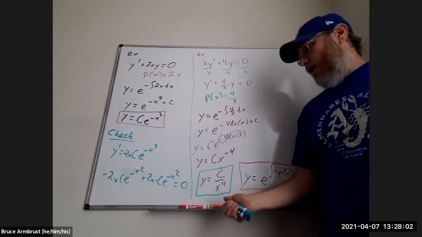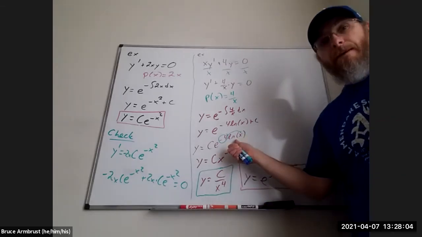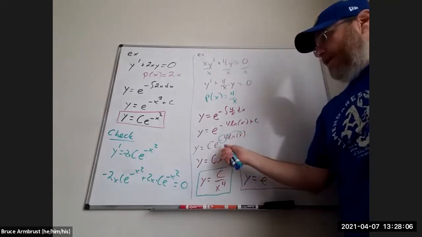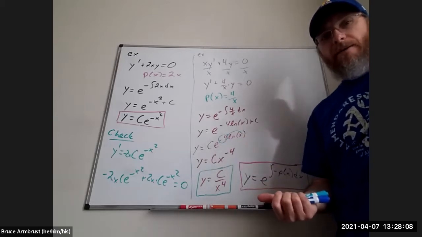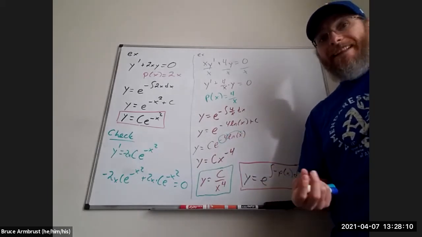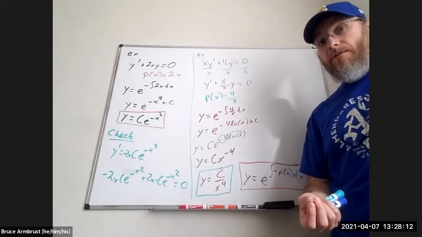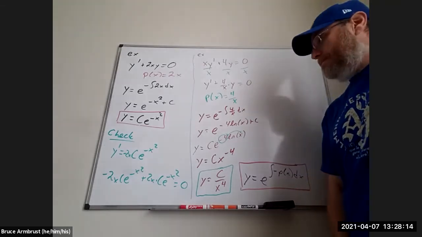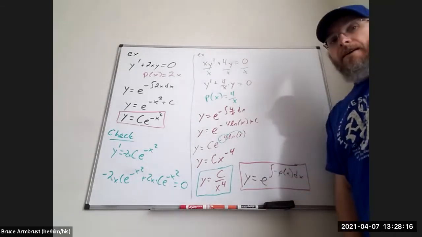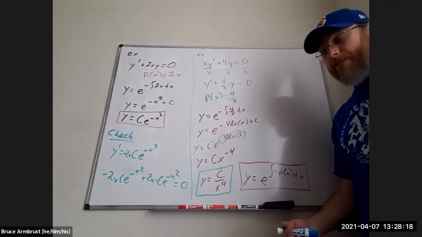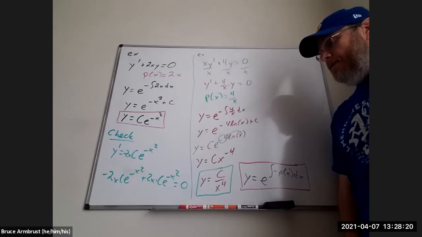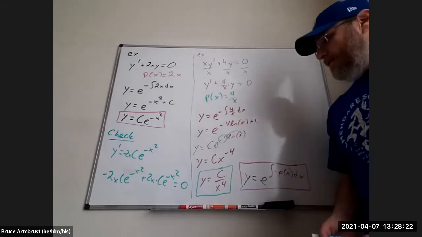Anytime you get a natural log from the integral, you're going to do something like this, because since we've got e raised to that power, we want to take advantage of the fact that e and natural log cancel each other out. All right, well, there you go. There's the solution to this differential equation.